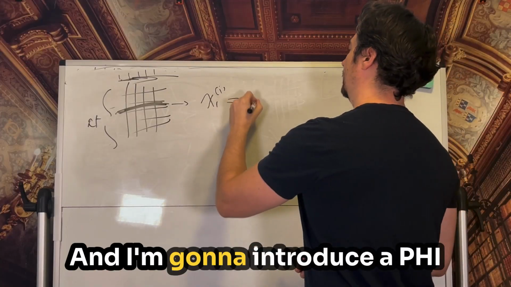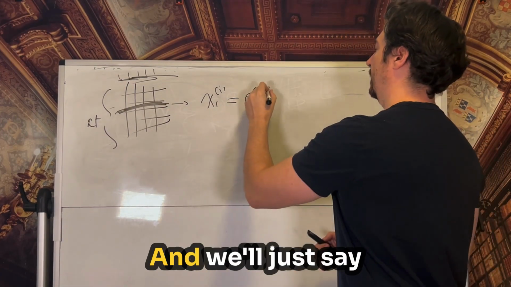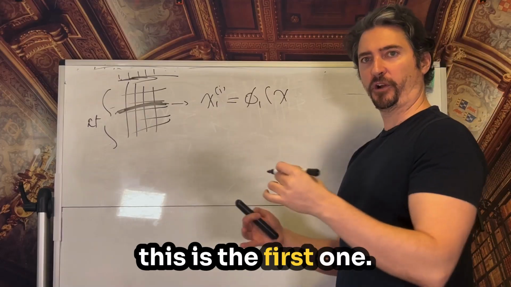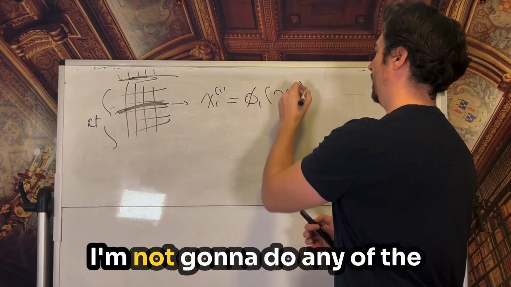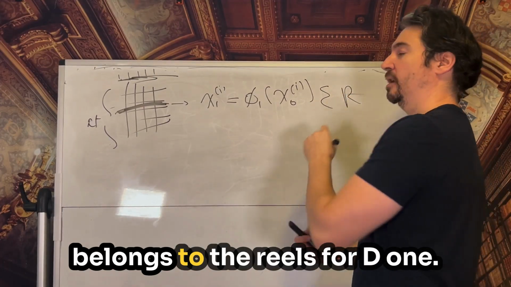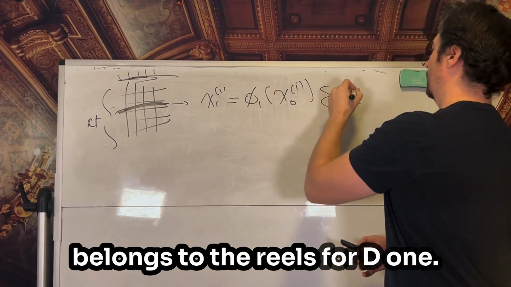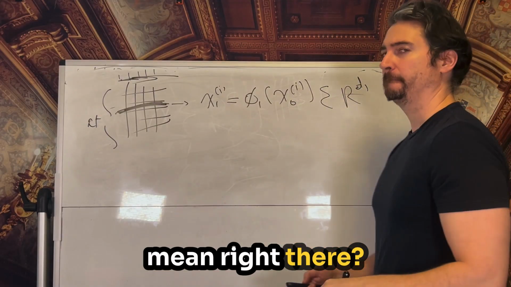I'm going to introduce a phi here, and I won't define it yet. This is the first one, and I'm not going to do any of the usual linear stuff. I just want to say that it belongs to the reals for D1. What does that mean?